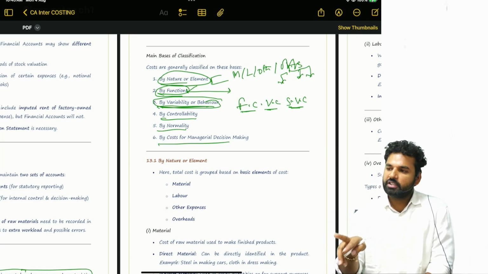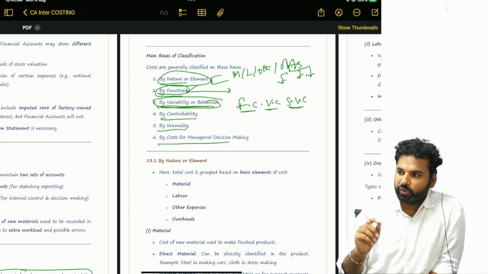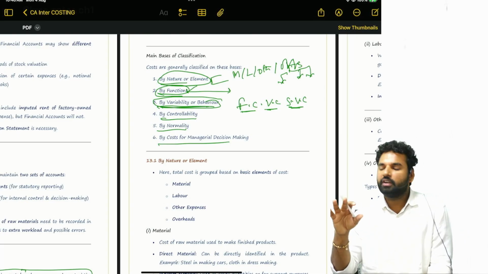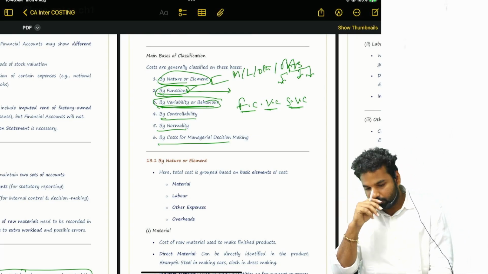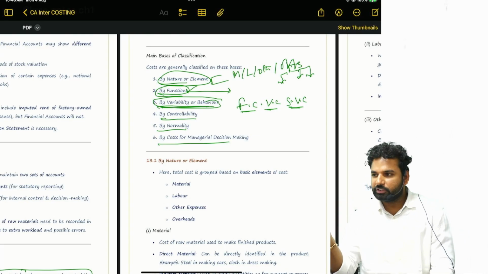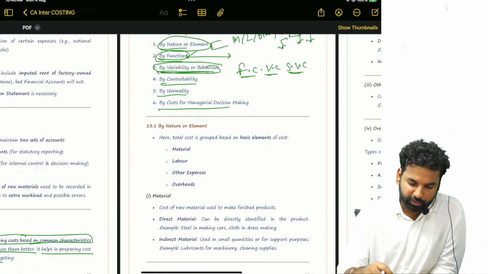Then you can segregate the semi-variable cost. For segregation, you have different methods: high-low method, analytical method, period comparison method, and lastly, least square method.